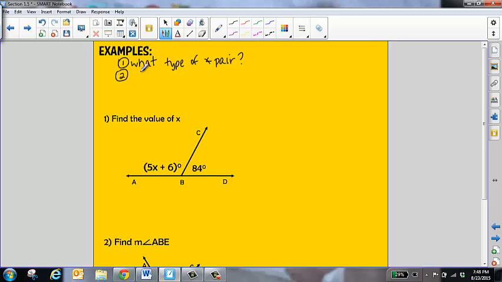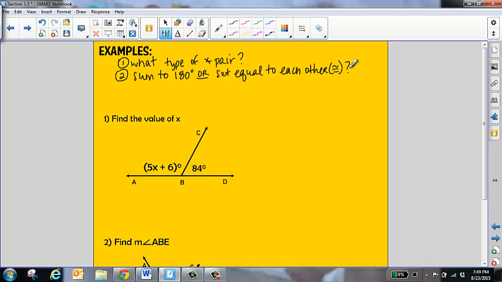Then from there, you should say, well, does that mean I'm going to sum my angles to 180 degrees, or am I going to set them equal to each other? And we're going to set them equal to each other if they're congruent.